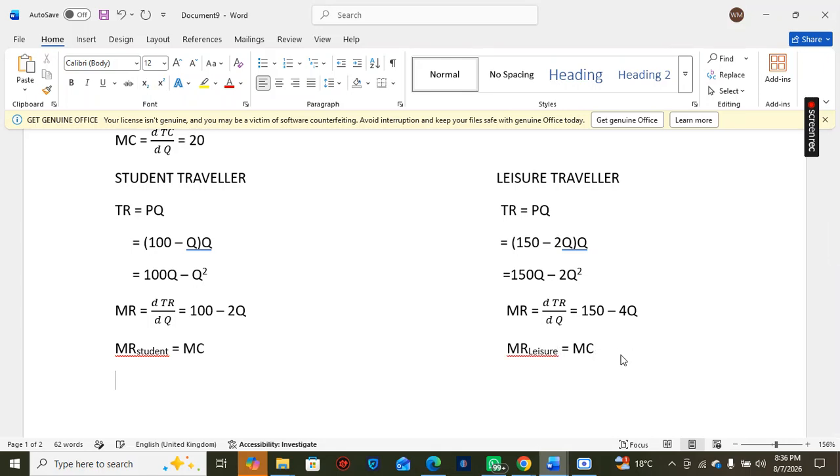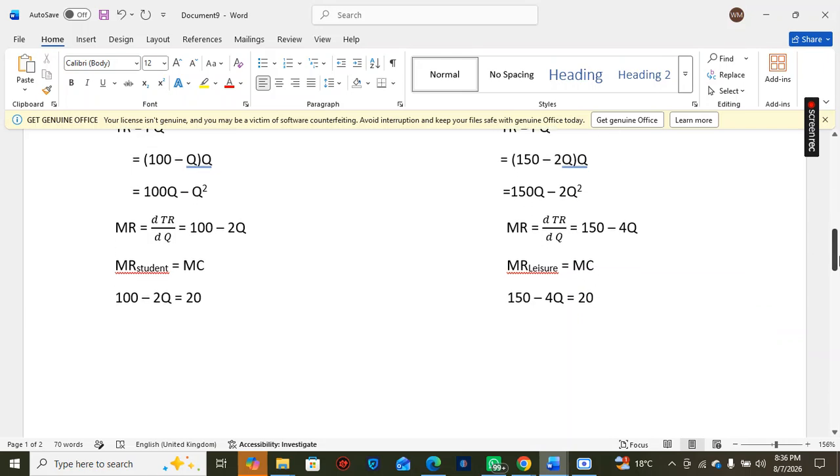So the marginal revenue, 100 minus 2Q, equals the marginal cost, 20. For the leisure traveler, it's 150 minus 4Q equals 20. So we solve for Q.